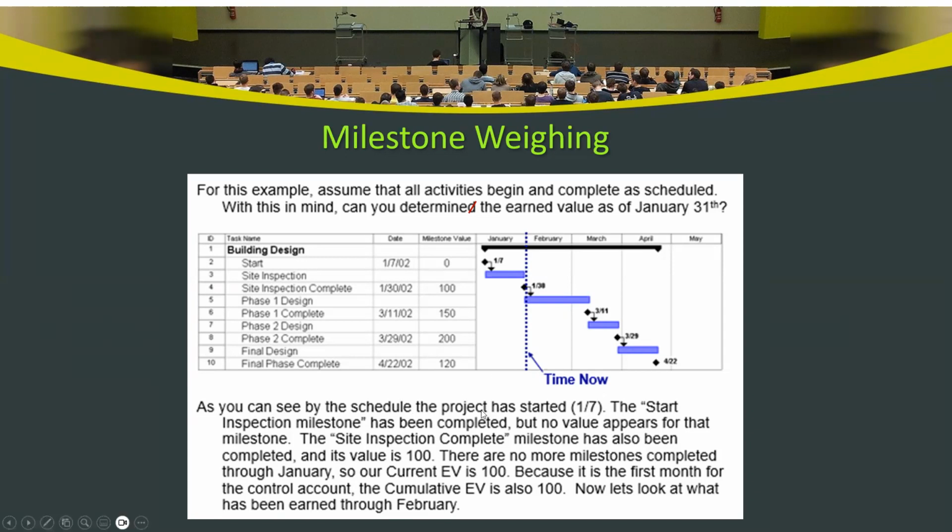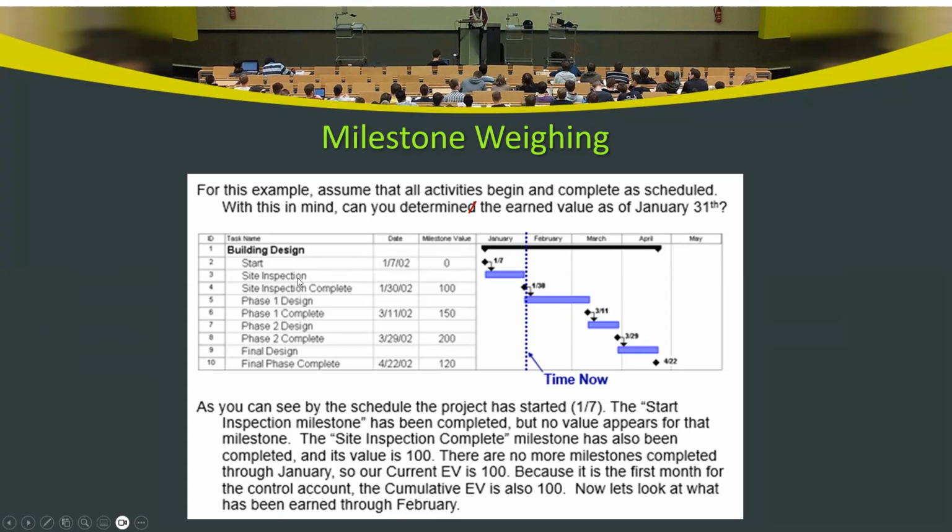So in this example here, the project starts on January 7, and this is just a milestone, because a milestone is a task of zero duration, so nothing is earned. It's just a point in time showing that the project has started.